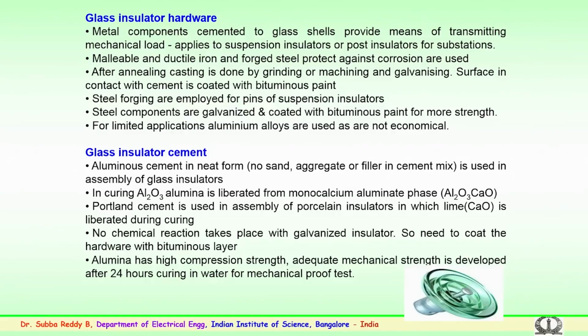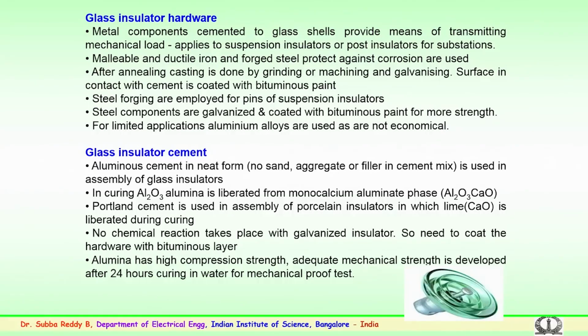These are initially annealed properly, and the casting is finished by either grinding or machining and galvanizing. The surface in contact with the cement is properly coated with bituminous paint.